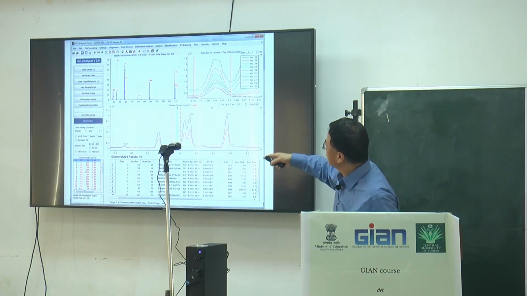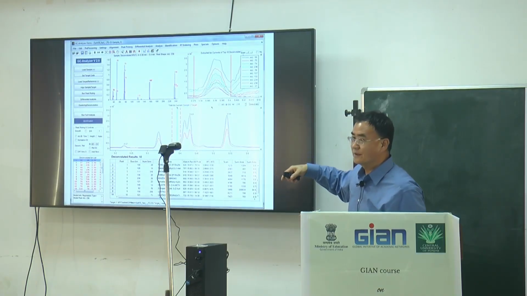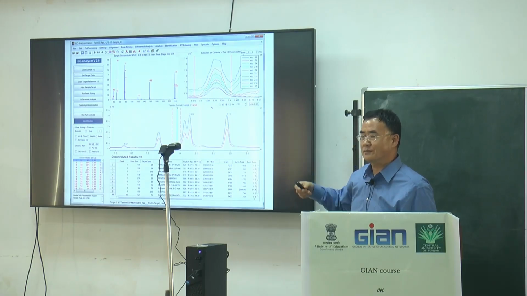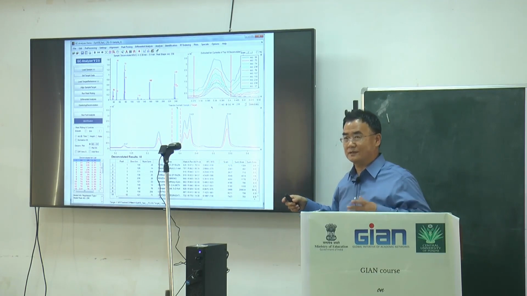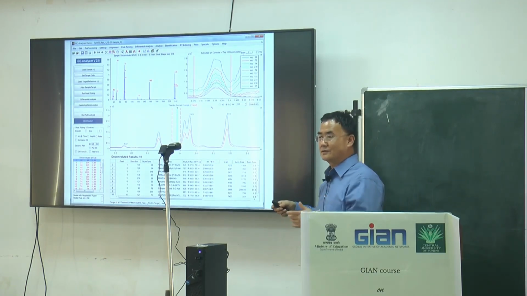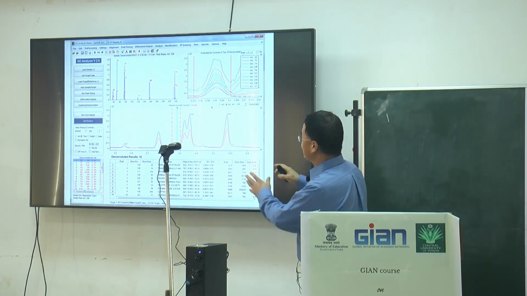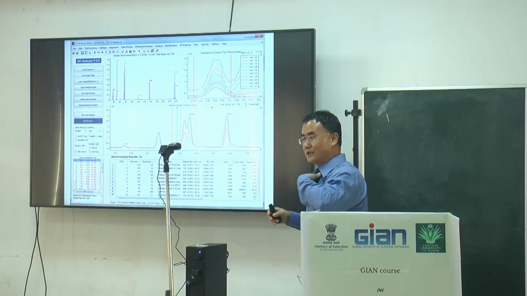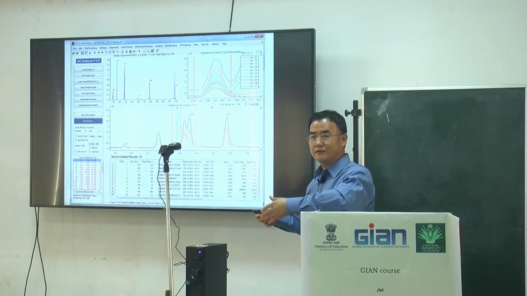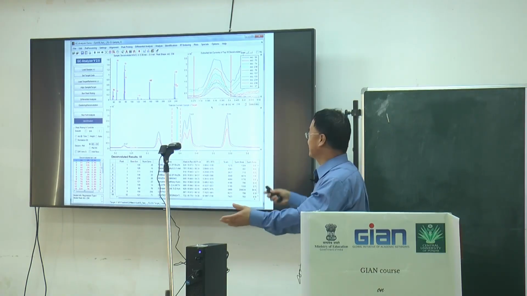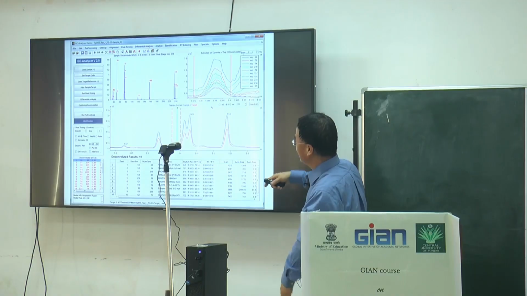This is the interface of some software. There are many GCMS or LCMS producers, and they have different types of software, which sometimes feel very easy or sometimes unfriendly. Some you feel are really friendly and very easy to manipulate.